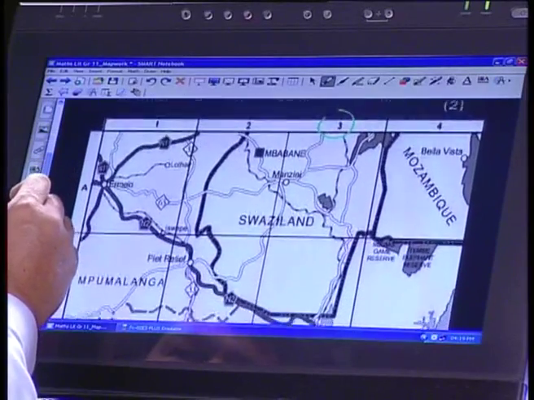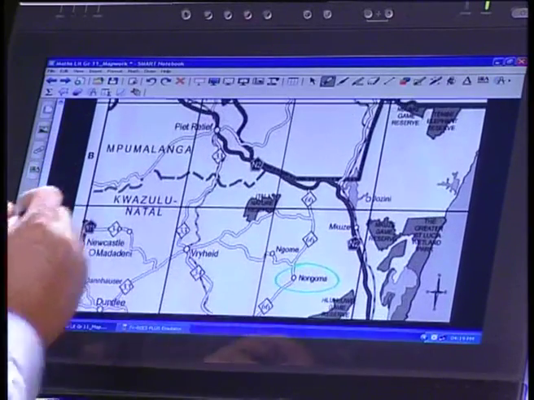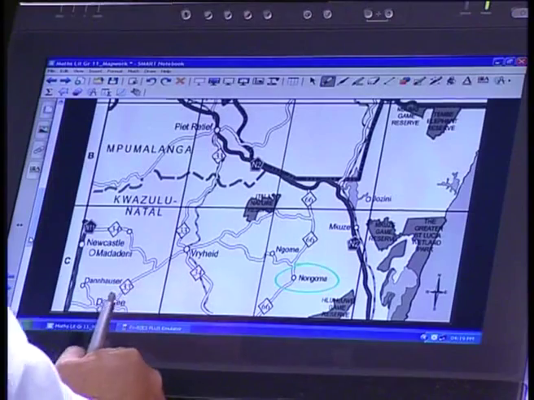Initially I said all we've got to do is find Nongoma. And we started at the top of the map and we worked our way down and we tried to find it, and eventually we found it. But if I say to you, hey, go to Nongoma, it's in block C3, you would say, C3, there she is, right over there. Okay? That's why we use those grid lines. It makes our life so much easier.